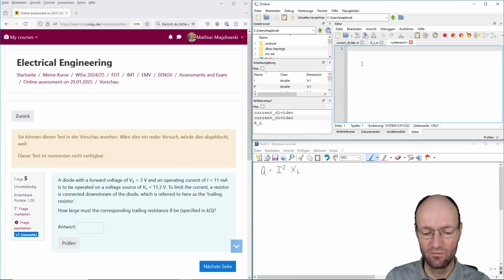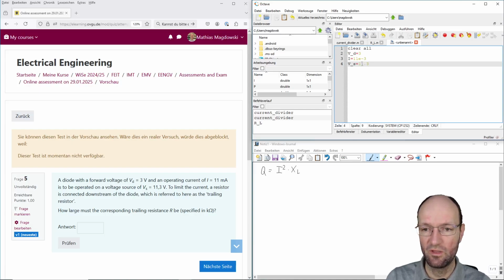So new type of task, new script. I will copy the values. This is 3. The current is 11 milliampere. And the source voltage is 11.3 volt. And so then we can calculate the voltage drop at the resistor, which is the difference of the source voltage and the voltage drop across the diode.